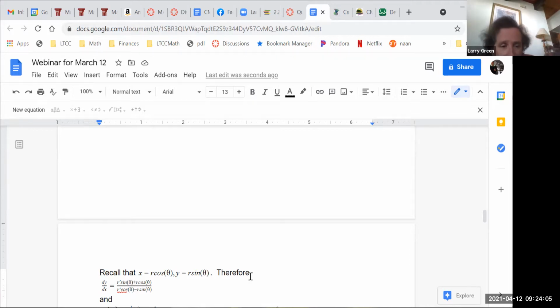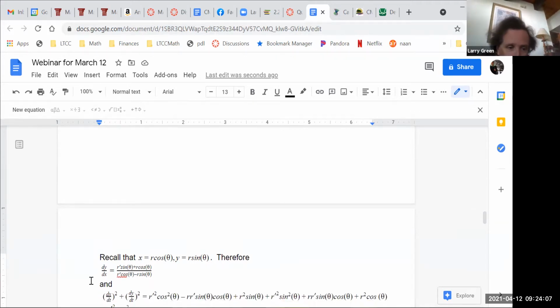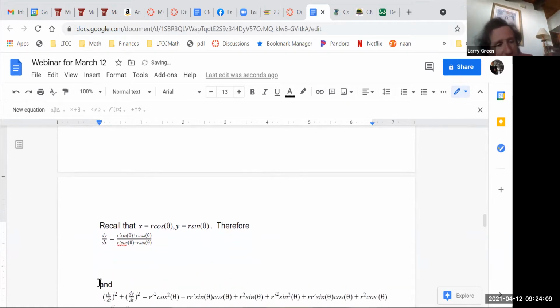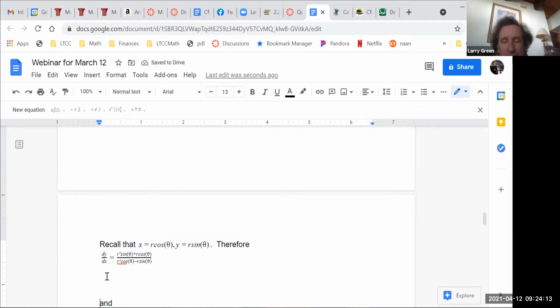So the first thing I want to do is just, and it's kind of off topic, but it'll help us anyway because we need it, is if we wanted to find the slope of the tangent line to a polar curve, as in dy dx, what you can do is look at these polar coordinate equations and then think of theta as the variable and r as a function of theta.